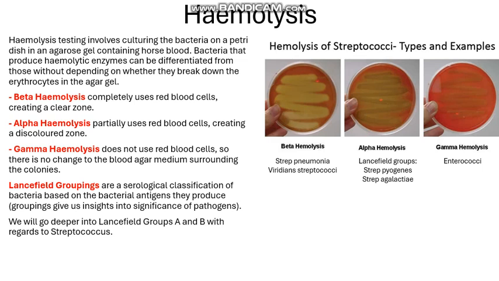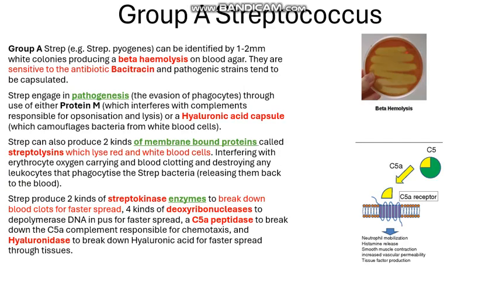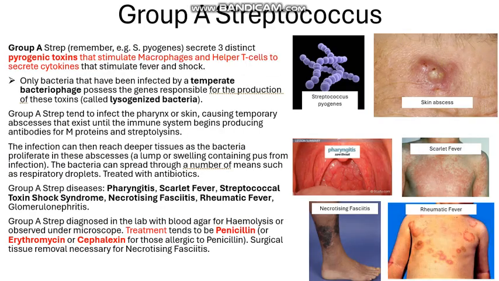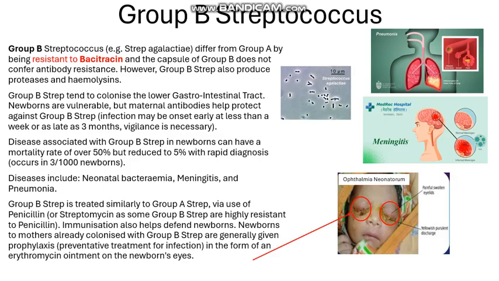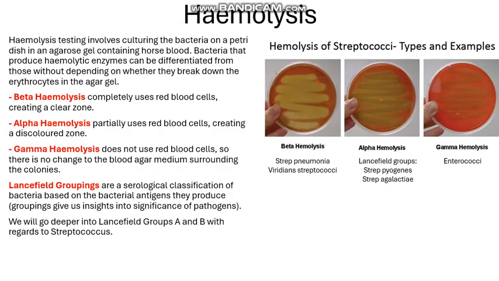We'll go deeper into Lancefield's groups A and B with regards to Streptococcus in the next video. It doesn't particularly matter, you just need to know that Lancefield groupings are a way of classifying different types of bacteria based on the antigens they produce.